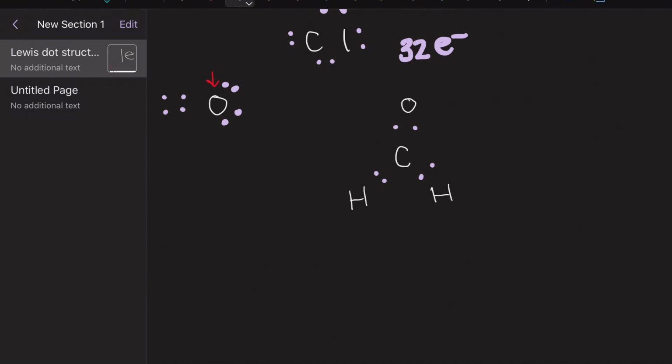We notice that carbon doesn't have its octet yet, and we can double bond it to oxygen. That gives carbon its octet, but we're still only sitting at 8 electrons. So how can we get rid of the other 2 electrons? The answer there is to give them to oxygen, which doesn't have its octet. So we'll give it 2 sets of lone pairs. And that is how you decide that that is the Lewis dot structure for CH2O.